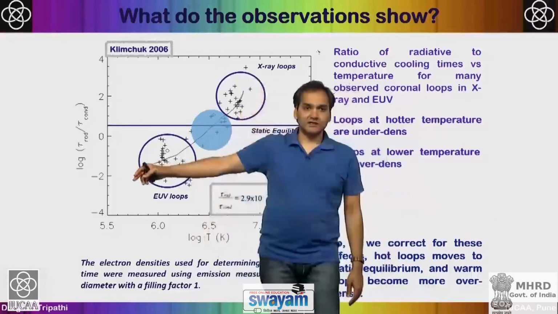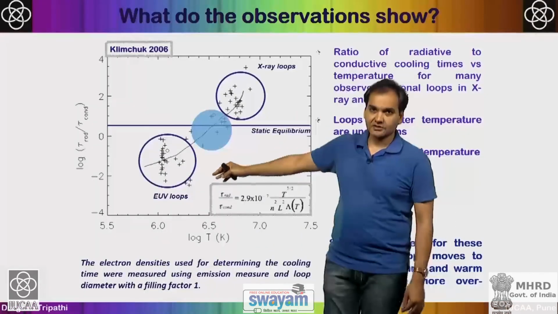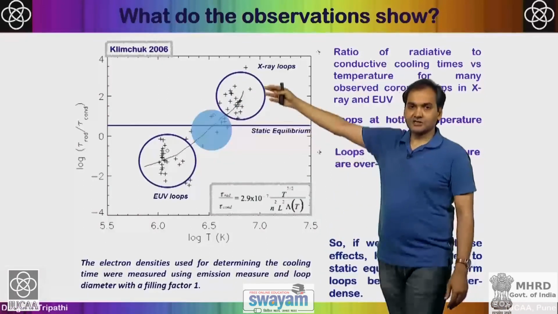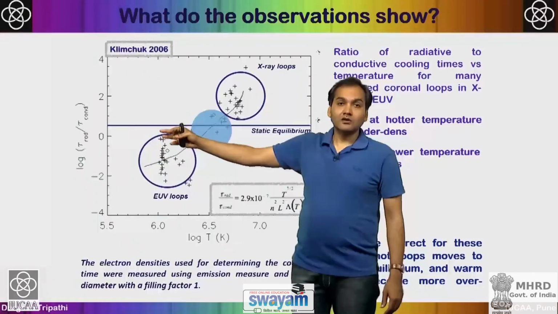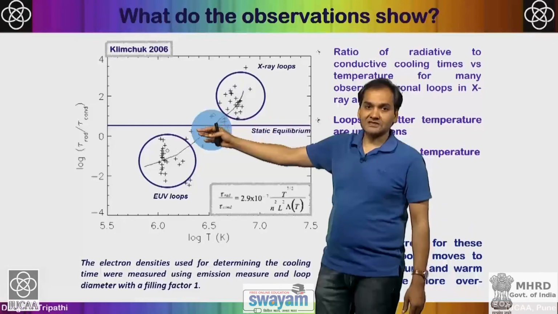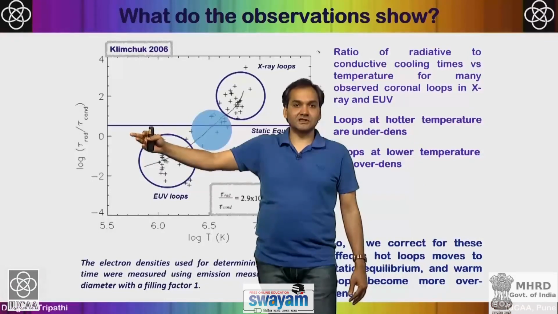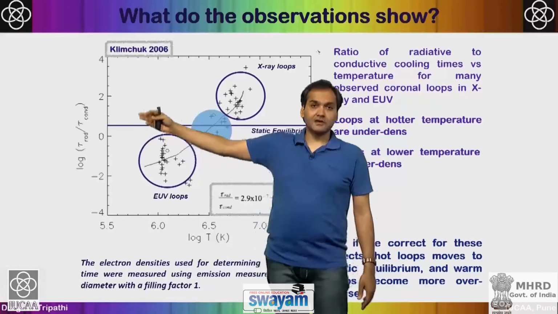Now, the radiation to conductive cooling time ratio is a function of temperature. For the loops you saw in the high temperature in X-rays and the loops you saw in the cooler temperature, you find that the hot loops lie above this line, which is at 1, where the conductive losses balance the radiative losses, that is, the structures are in steady equilibrium.